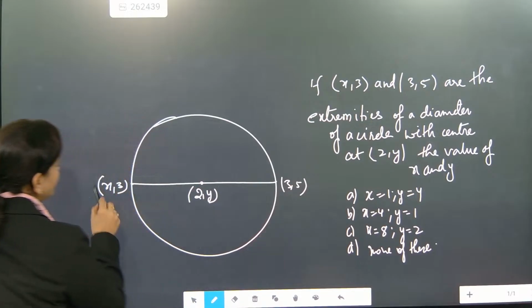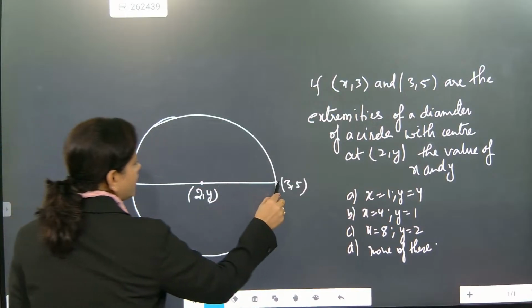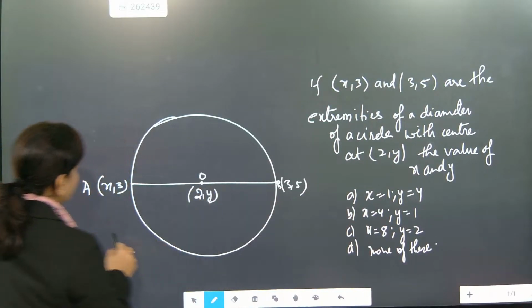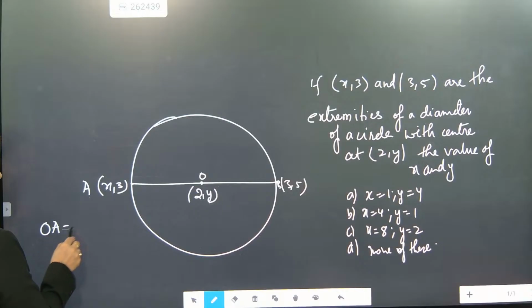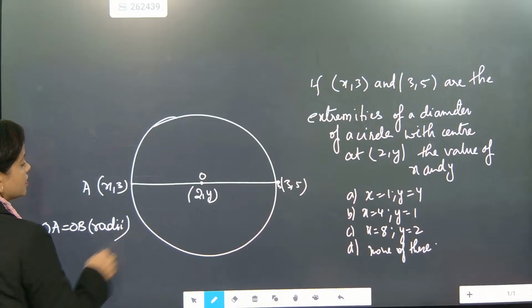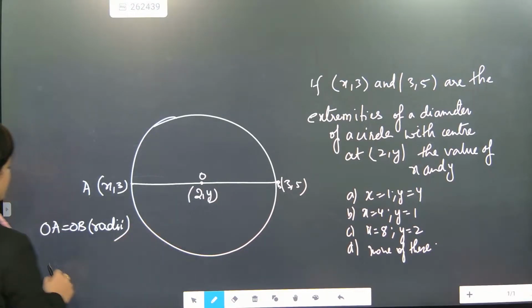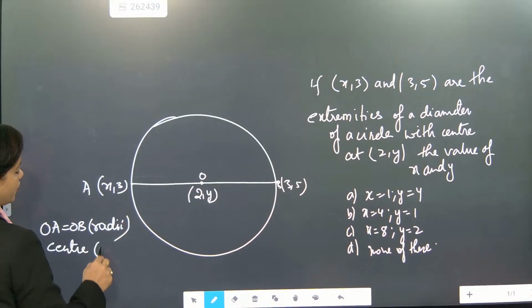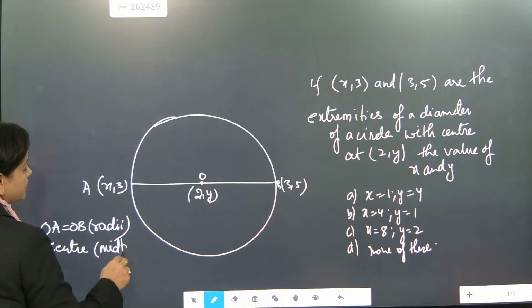See, whenever we are drawing a circle, this is A and this is B and this is the center. We know that OA is equal to OB, that is the radii of the circle. This means the center is the midpoint. In shortcut I am writing, center is the midpoint.